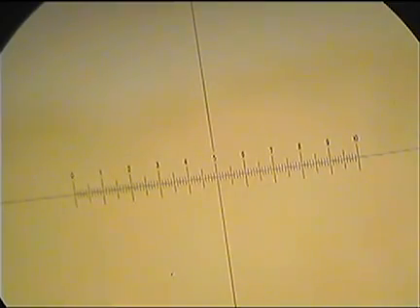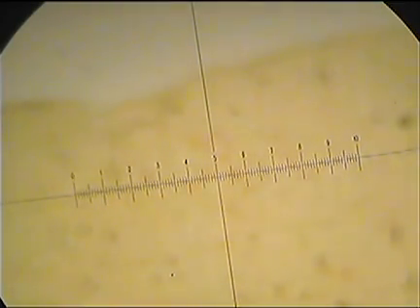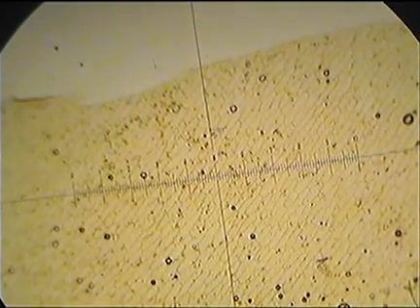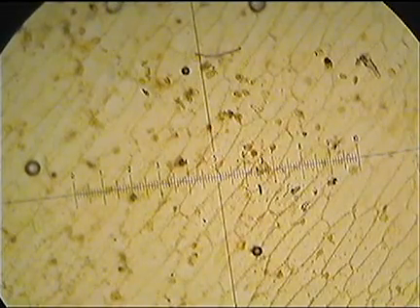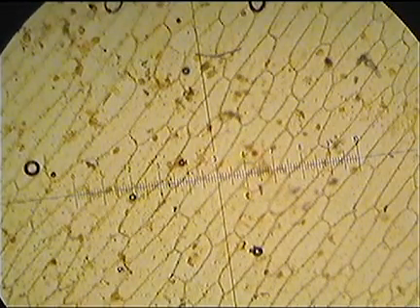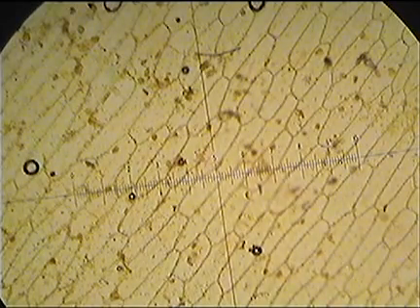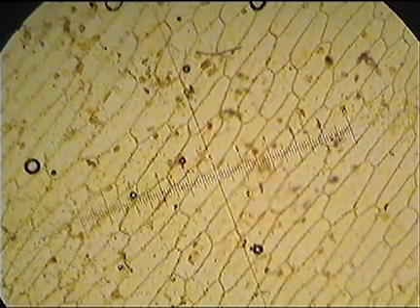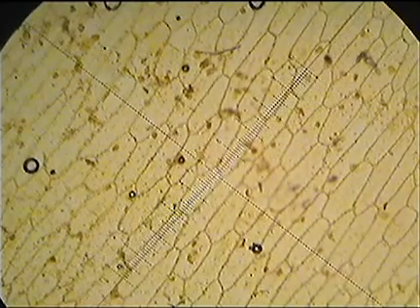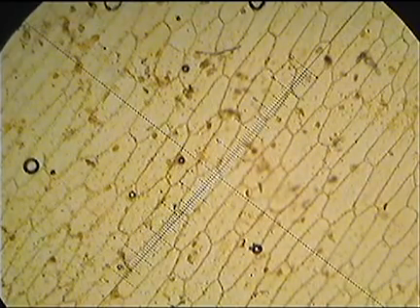Great, now we're ready to actually measure some cells. So I've taken my stage micrometer away, and I've put a slide of some onion cells underneath the microscope. First we get it into focus. Again, I'm on medium power, so 100 times magnification, because that's where we did our calibration.